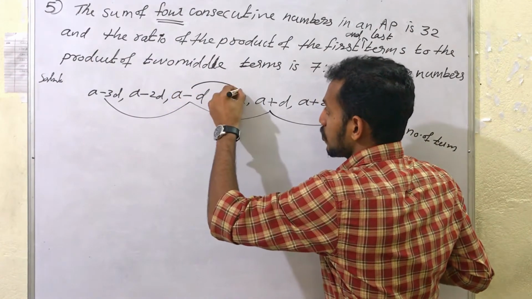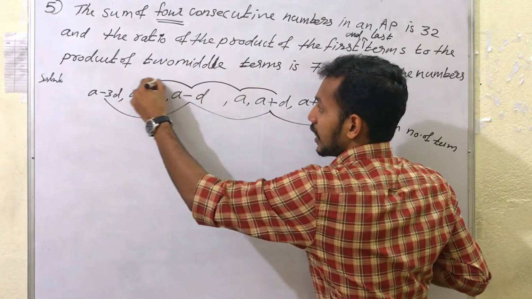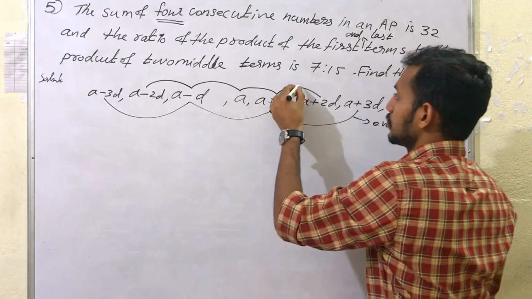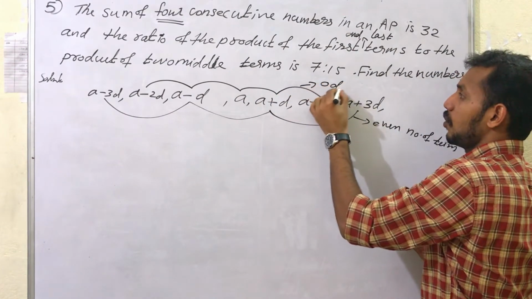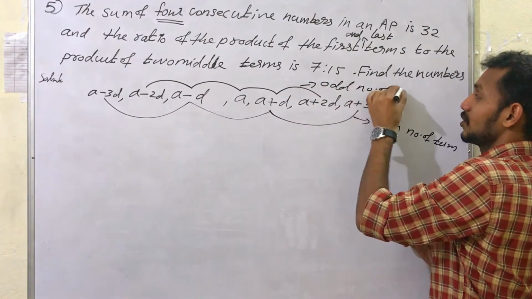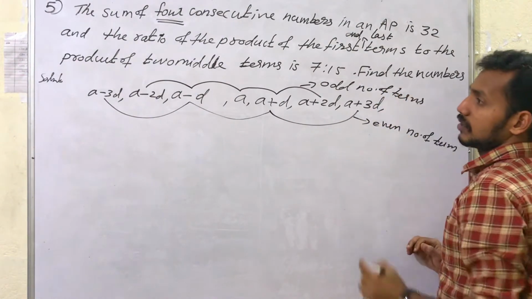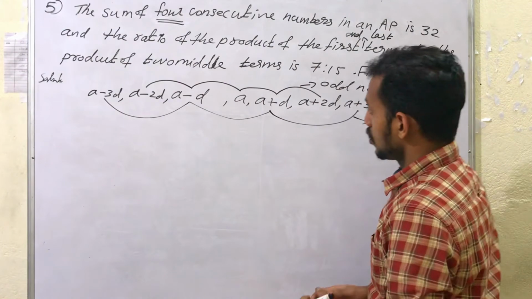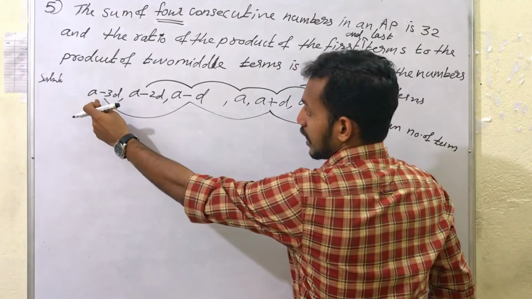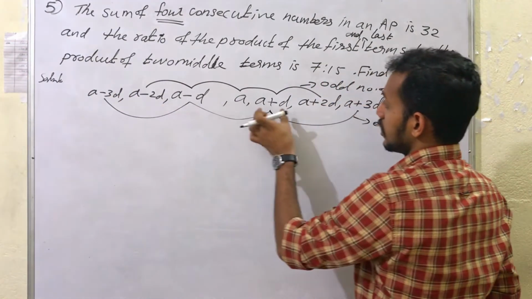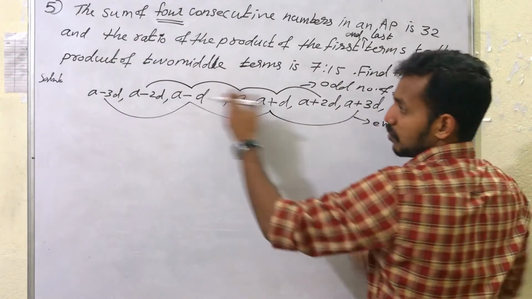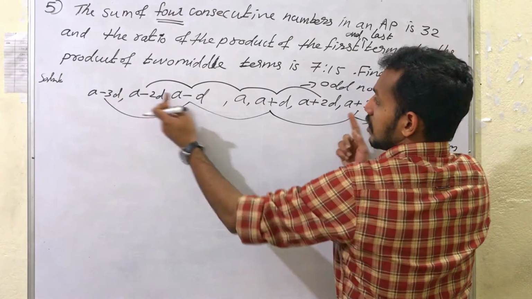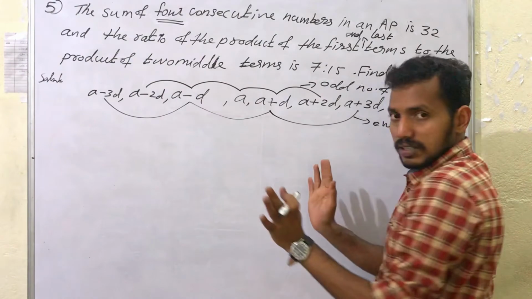But if it is a case of odd number of terms, then you can take the consecutive. This is in case of odd number of terms asked in the questions. These 2 concepts you need to remember, then you can solve the questions easily. So here we are taking a minus 3d, then a minus d, then a plus d, then a plus 3d. So minus 3d and plus 3d will be cancelled, minus d and plus d will be cancelled.